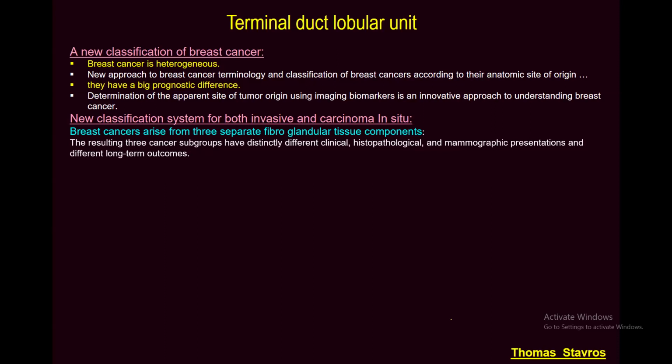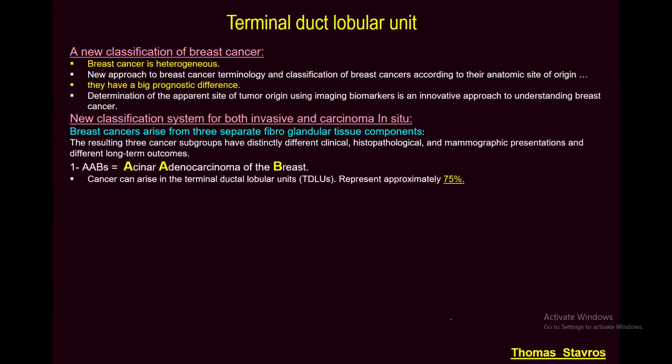They mention that the adenocarcinoma arises from 3 separate fibroglandular tissue components, resulting in 3 subgroups of adenocarcinoma which are distinctly different clinically, histopathologically, in imaging presentation, and in long-term outcomes.